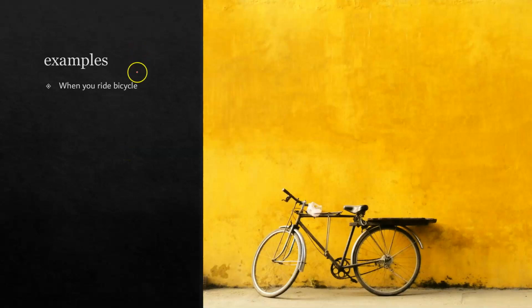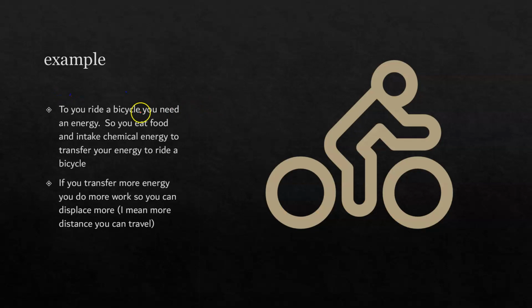Another example, when you ride a bicycle, you need energy. What kind of energy? You eat food. You take in chemical energy and transfer it to ride a bicycle, isn't it?